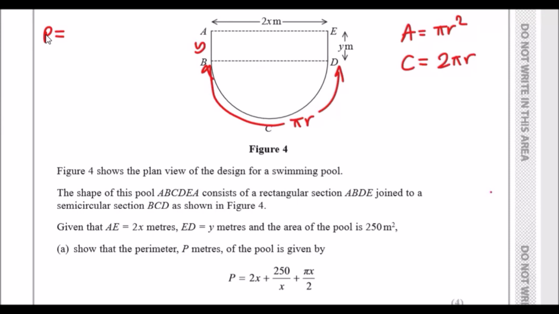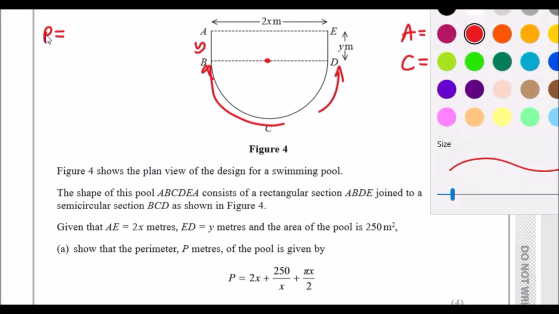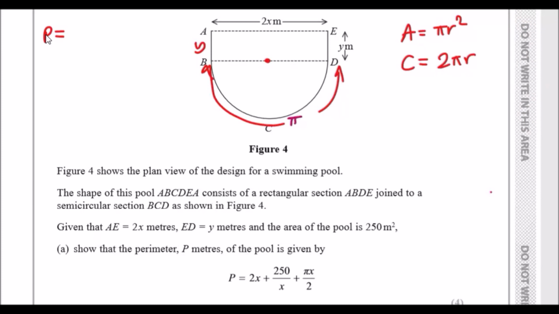What is the value of the radius? If we pinpoint this as the center of the circle, we can see that the radius, if we stretch it across here, or here, is going to be exactly half the length of 2x, meaning that the radius is just x. So we can update pi r as being pi x, since the radius value is x.